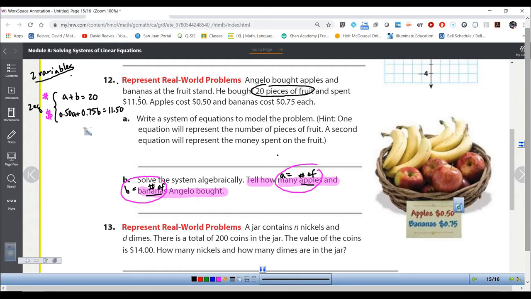Now, in the method of substitution, remember what we want. We want one of our equations usually to say x equals or y equals. That's our goal. We want to isolate a variable. In this case, we want one of our equations to say a equals or b equals. So we look here, and when you have two equations with two variables, you always have four choices, right?